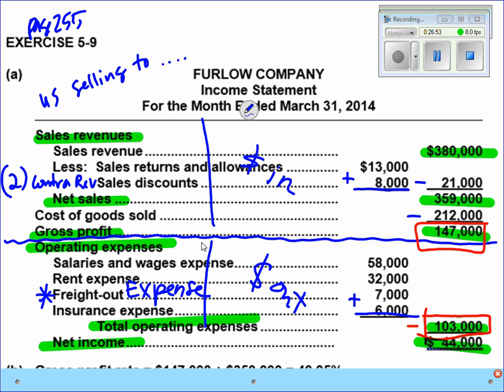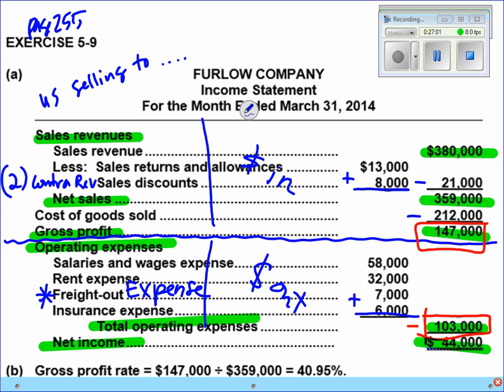Speaking of that, let's do the gross profit ratio or rate. We take a look at gross profit divided by net sales to turn over a 40.95% answer.